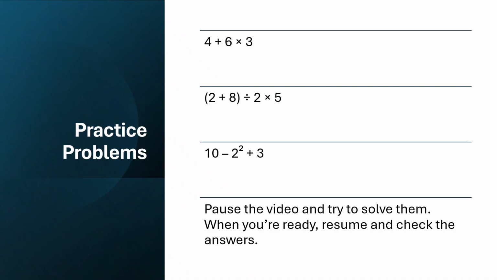Third, 10 minus 2 squared plus 3. Watch for the exponent and then do subtraction or addition. Pause now and solve these on paper or in your head. Then resume when you're ready for the walkthrough.